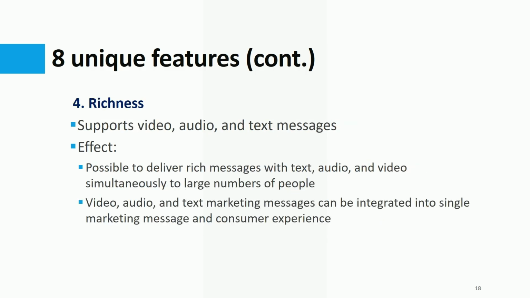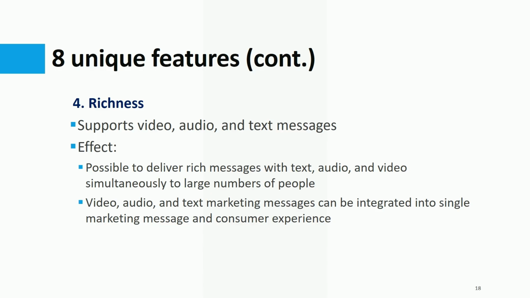The next feature is called richness. Richness in communication means how much information is in a message. Places like local stores and markets are very rich because they can give personal service and face-to-face communication.